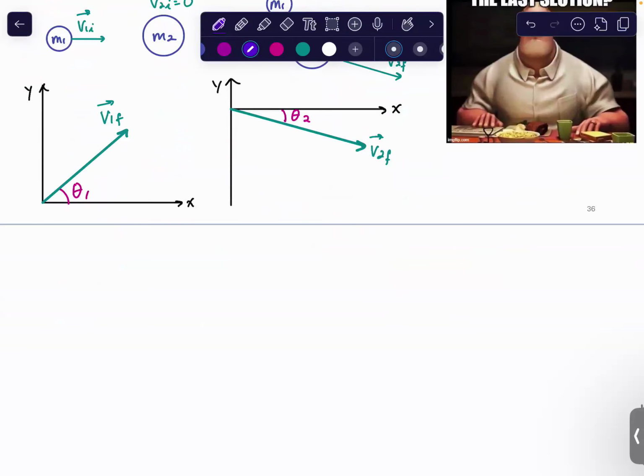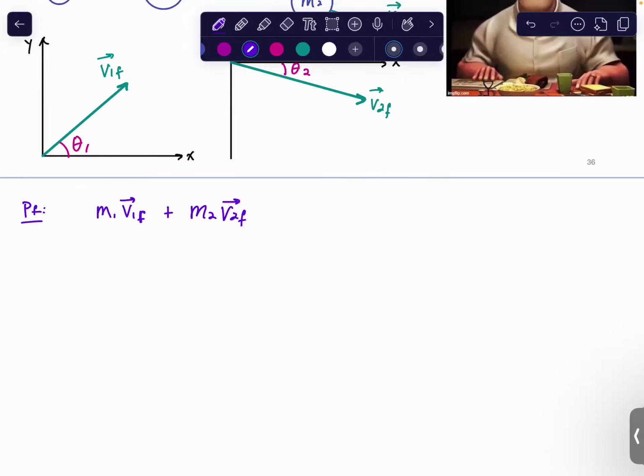And so you say, well, what is the final momentum of a system like this? Well, it's going to be a total momentum of m1 v1 final. Okay, and then we have to take account of the fact that your v1 is going to have components.